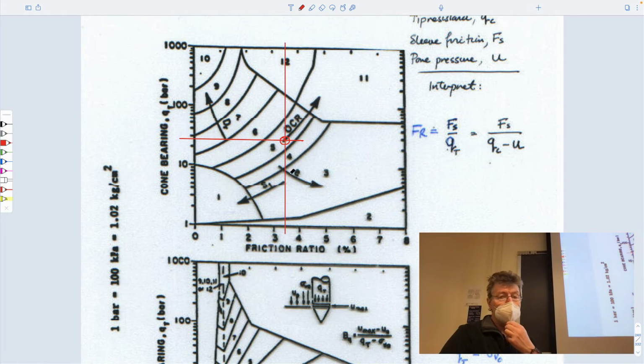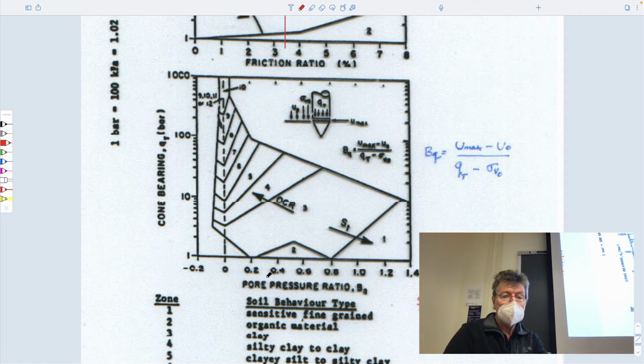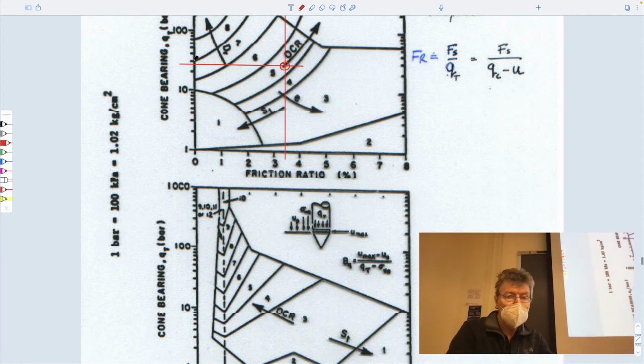So the behavior of different soils have different cone-bearing resistances and different friction ratios. And so if you measure those with depth by proxy of the forces that you have to apply to be able to push these into the ground, and also the pore pressures that get generated as a result of this, at the same one you'd have a cone bearing of this amount, I guess, on the top figure.